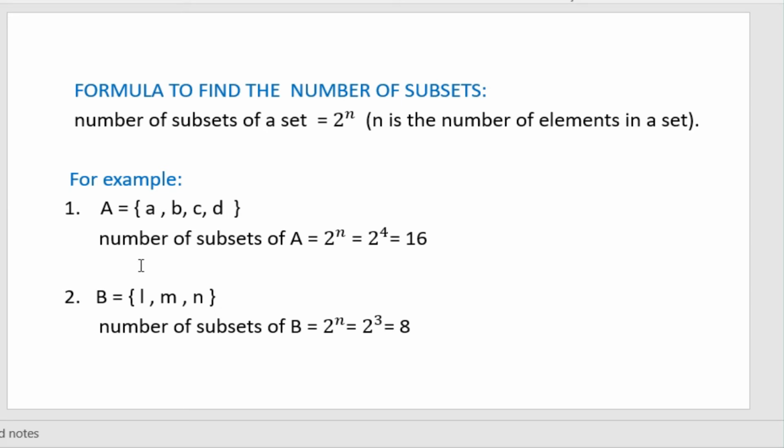It means set B has 3 elements. So the number of subsets of set B will be equal to 2 power n, or 2 raised to the power 3, which is equal to 8. So in this way we can find the number of subsets of a set.